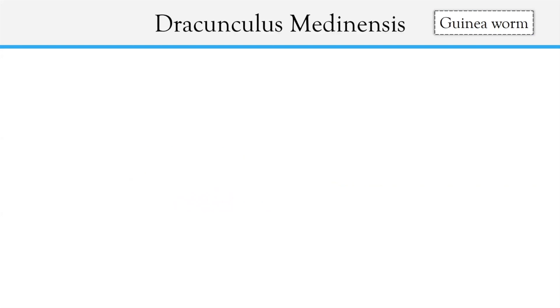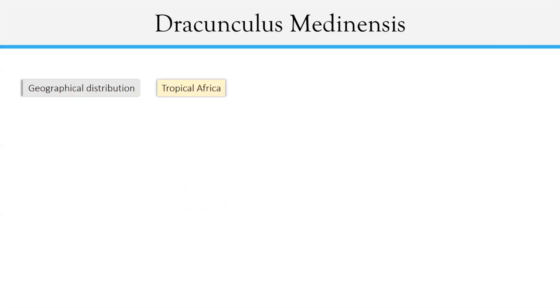And now let's speak about Dracunculus medinensis, or Guinea worm. Its geographical distribution includes tropical Africa, Middle East, Iraq, Iran, India, Pakistan.